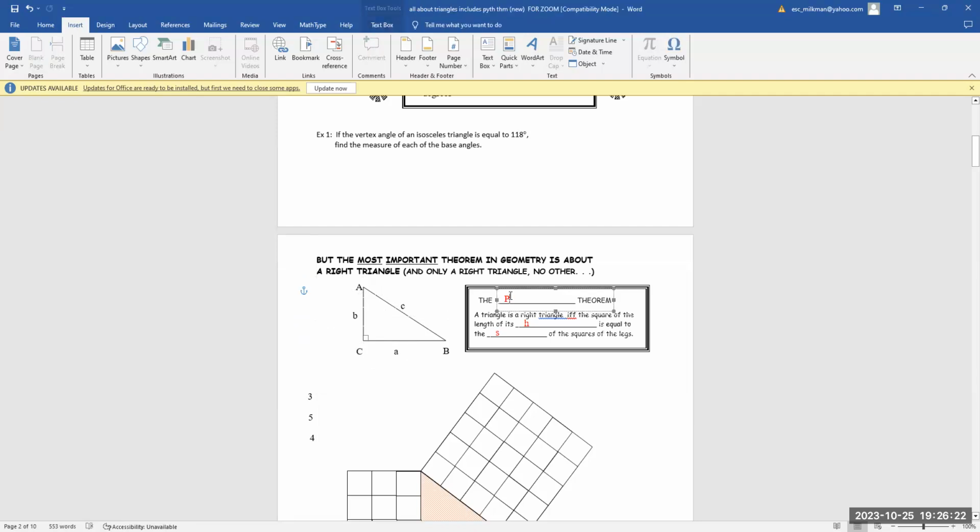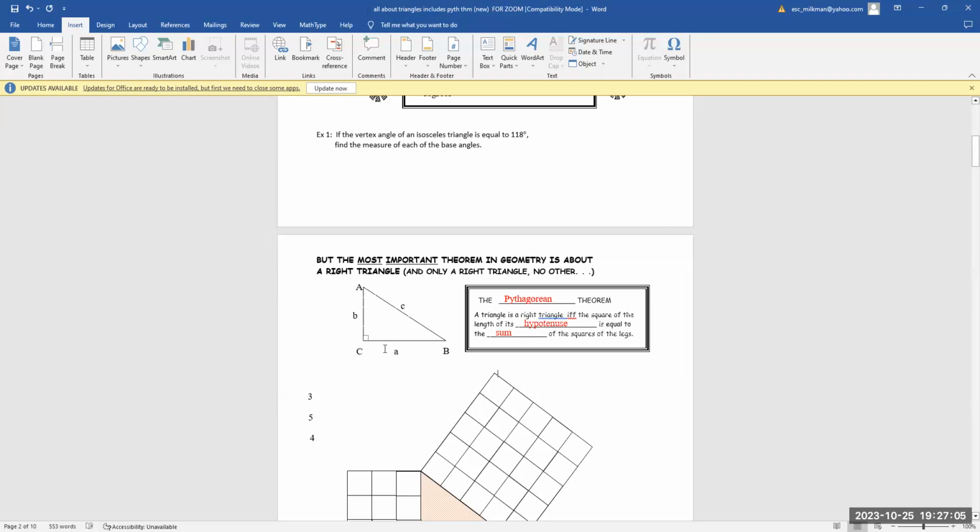The most important theorem that we have, in my opinion, is called the Pythagorean theorem, named after the Greek mathematician Pythagoras. A triangle is a right triangle iff, which stands for if and only if, the square of the length of the hypotenuse, and that's again the side opposite the right angle, is equal to the sum of the squares of the two legs.